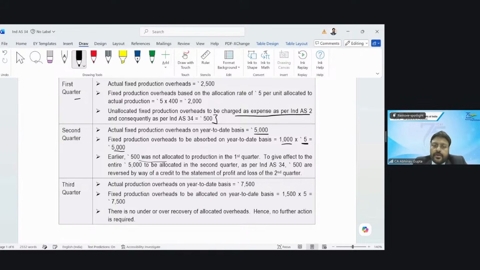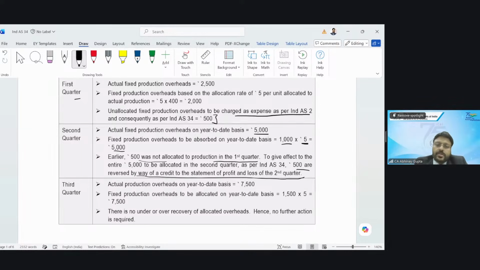Earlier 500 was not allocated to production in the first quarter. To give effect to the entire 5,000 to be allocated in the second quarter as per Ind AS 34, 500 is now reversed by way of a credit to the P&L, in the second quarter. So this will be credited to the P&L and debited to the cost of the inventory.